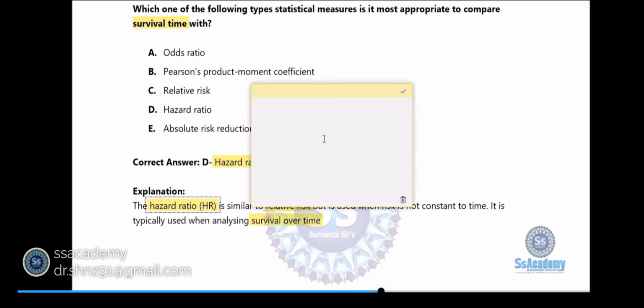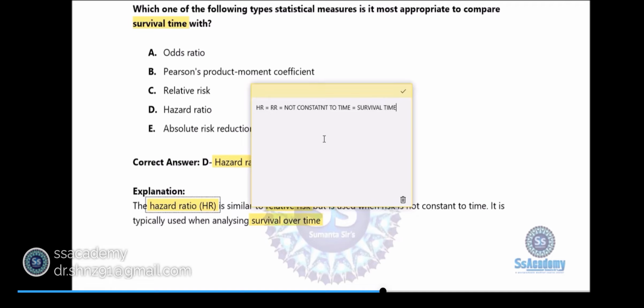Hazard ratio means the risk ratio, which we call the relative risk, but it is not constant over time. We use it when we measure survival time.